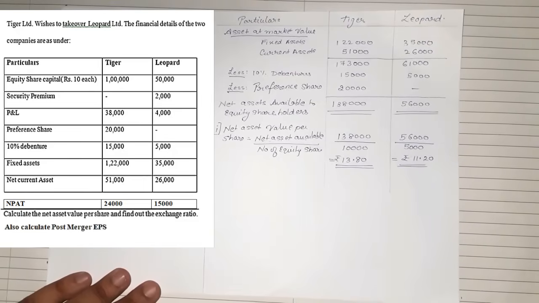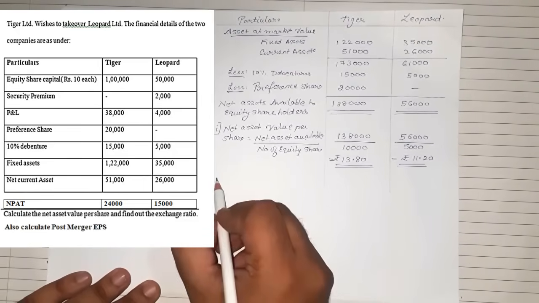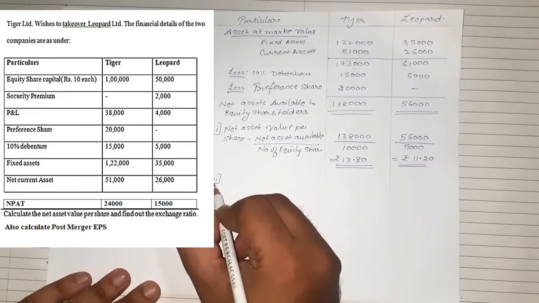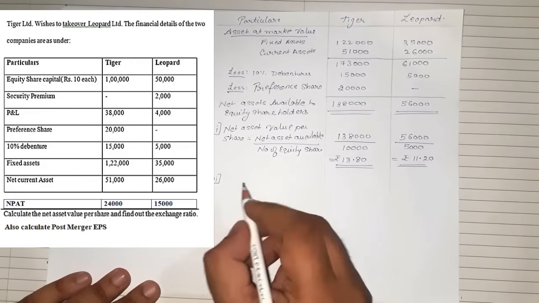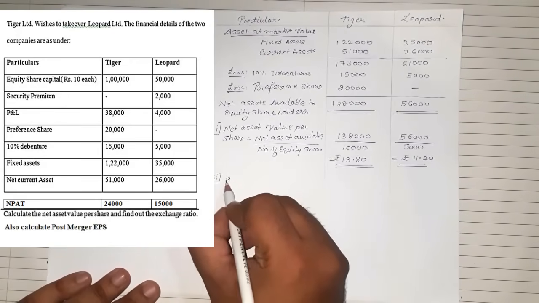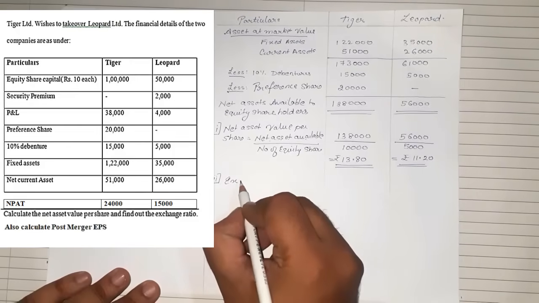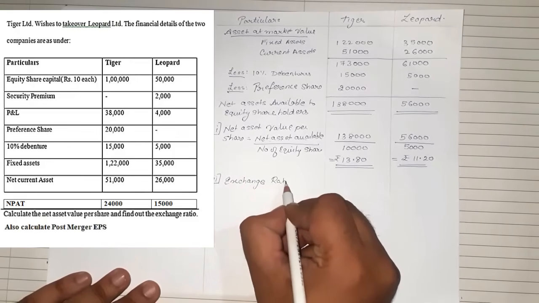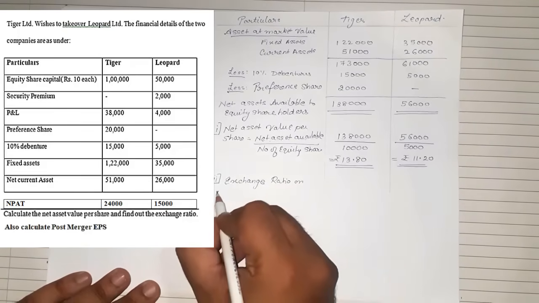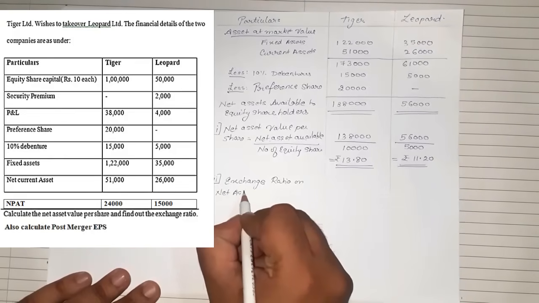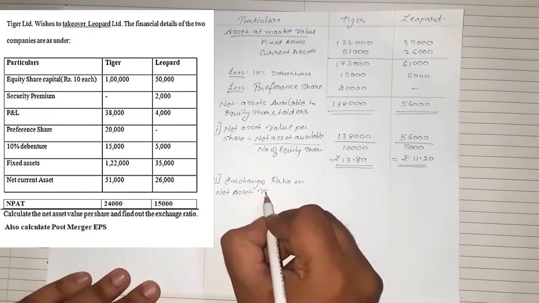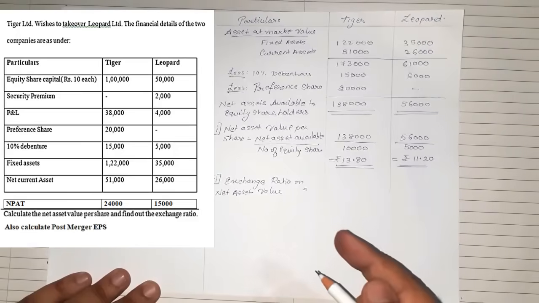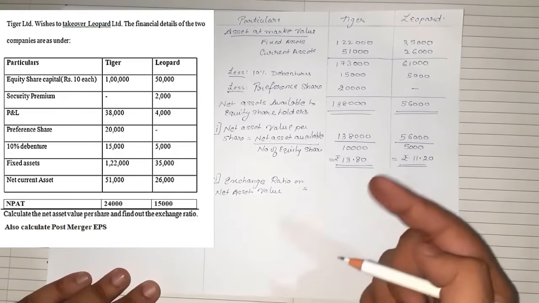Now the second part, they ask us to find the exchange ratio. Before finding the exchange ratio, we already have learned about the formula, so I'll write here: exchange ratio on net asset value method is equal to net asset of the company who is going to get taken over.